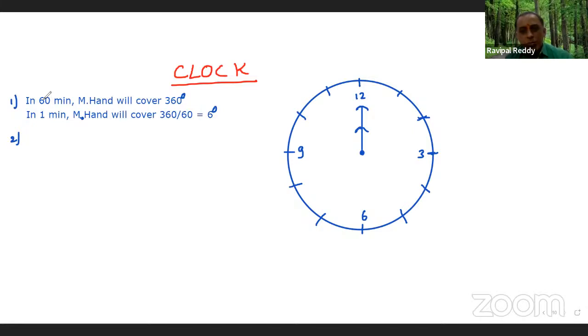It is 12 hours, not 24 hours. After 12 hours, it will rotate one circle and reach 12. Therefore, in 12 hours the hours hand will cover 360 degree.